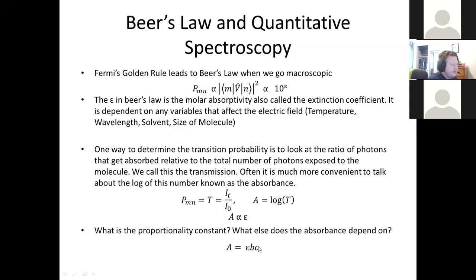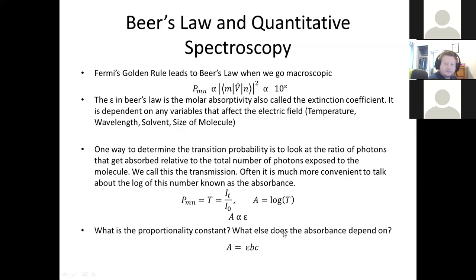And we get this epsilon BC, where A is the absorbance, epsilon is the molar absorptivity or extinction coefficient. Again, that has all of these crazy variables in it, and it is wavelength dependent. That's a huge key for this lab. B is the path length, which the way our setups in our experiment are done is not going to change. So that is a true constant. It's just the size of the cuvette we're using. C is the concentration of whatever molecule we're measuring.